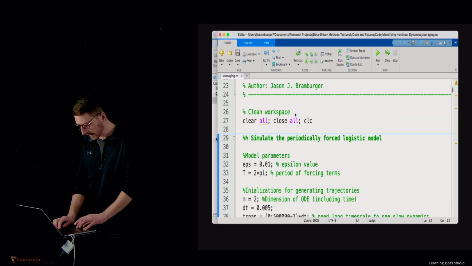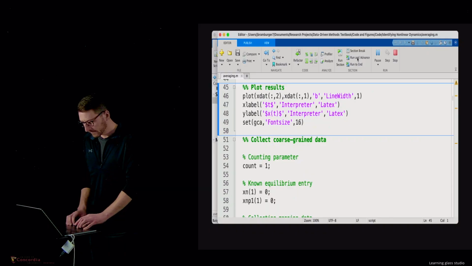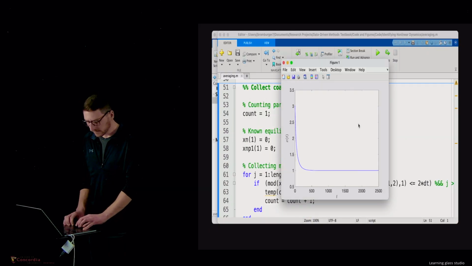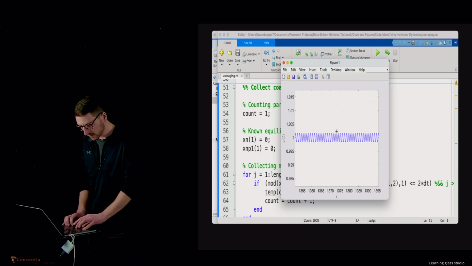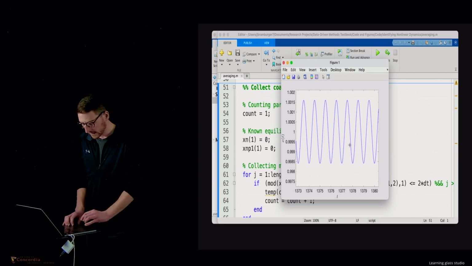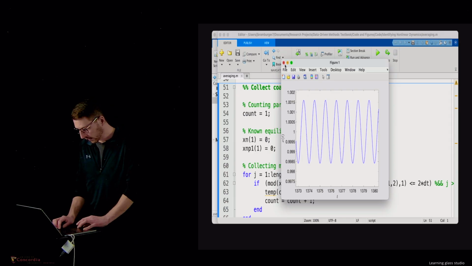So here I've got epsilon is 0.01. Let's retry this. Let's take a look at that signal. Here it is. Again, epsilon is smaller, so the periodicity is less pronounced. Here you can see those little micro oscillations again, on the order of epsilon as well.